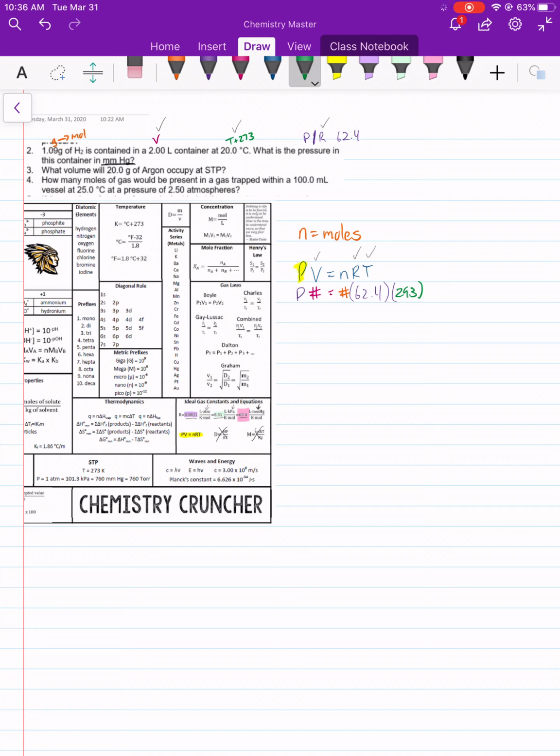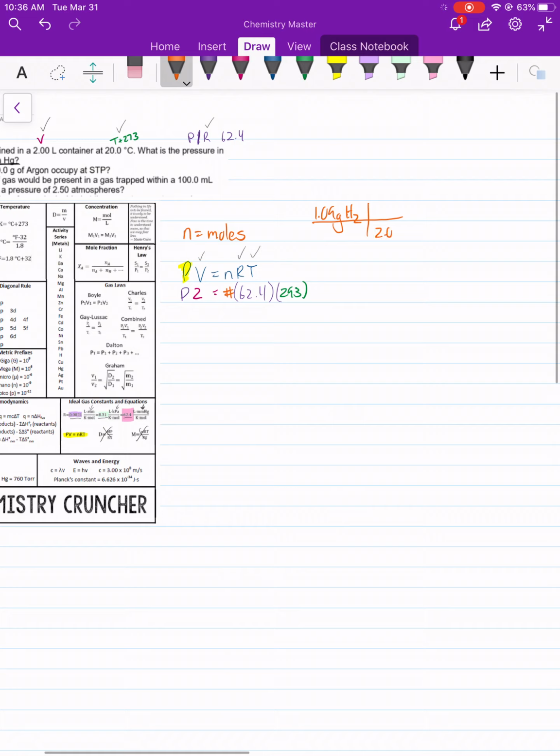Okay, and then to solve for P, we can even go in and fill in this. This is 2. And for moles, you would do 1.09 grams of H2 divided by 2.02 grams of H2 is equal to 1 mole of H2.